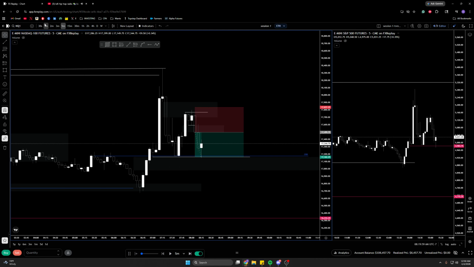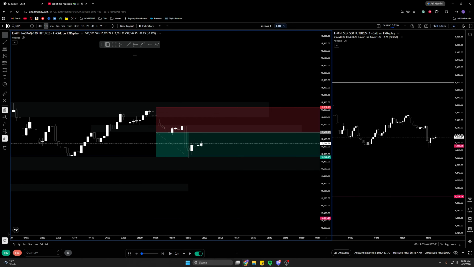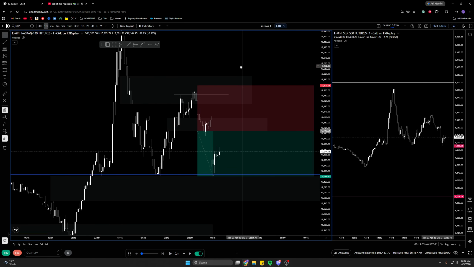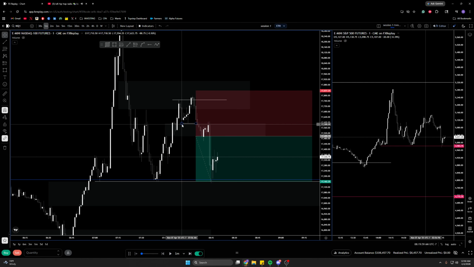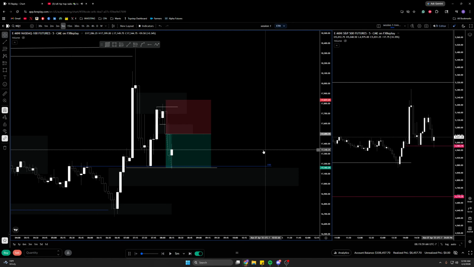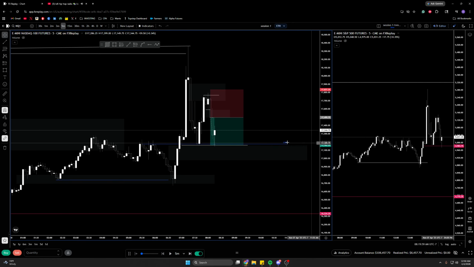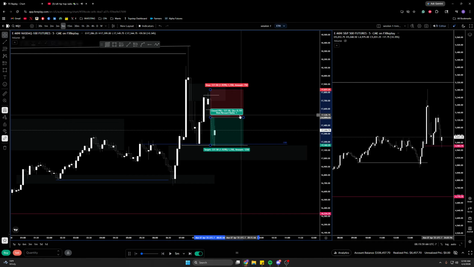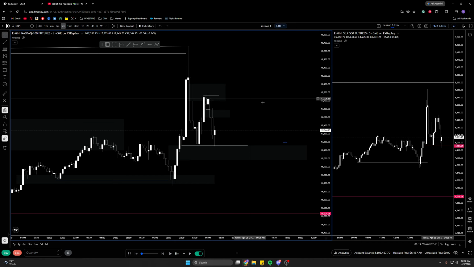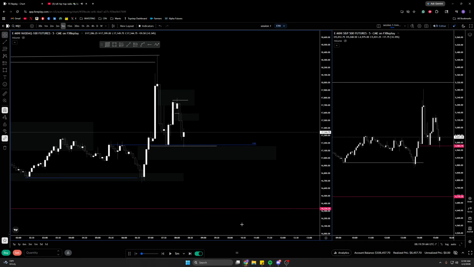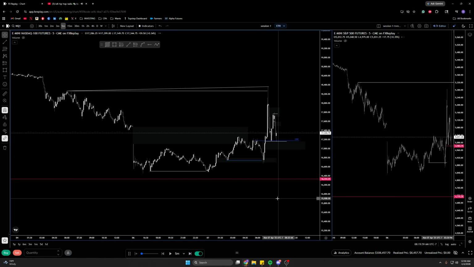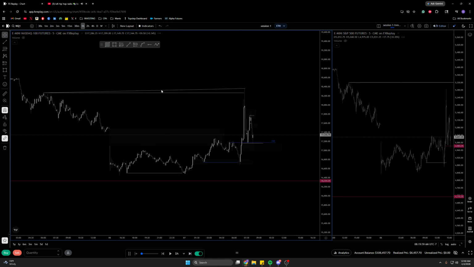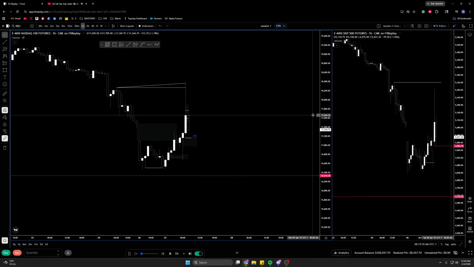Equal lows resting here that we found, and I liked how we displaced through these on the 1 minute here, so kind of like an internal break of structure. So that was sick, and then just a 5-minute here being played out. Yeah, tough trade. I like this one a lot. Let's go ahead and see what happens now. Let me just take a deep breath and see what the higher time frame is looking at.